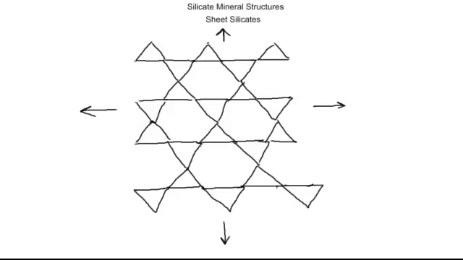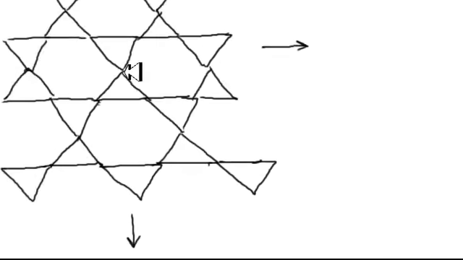Now, we have to remember that up above the plane of the slide or the sheet, we have another oxygen up here above the plane where all the tetrahedra are strongly bonded. And all the other oxygens in this tetrahedron are shared between 2 adjacent tetrahedra.